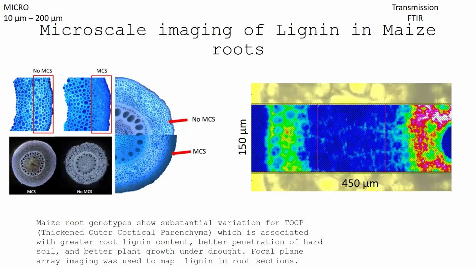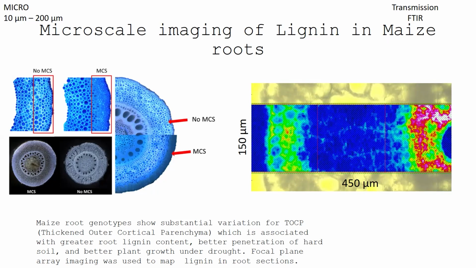So we also have the ability to do micro FTIR. In this case, this is a transmission measurement. These are the seeds of maize roots. And this project was studying the effect of the anatomy of the seed and its efficacy in growing in compacted soil.